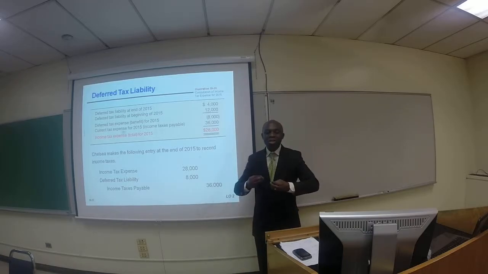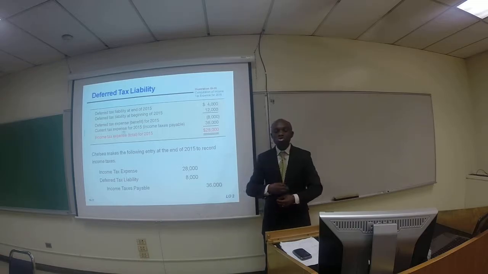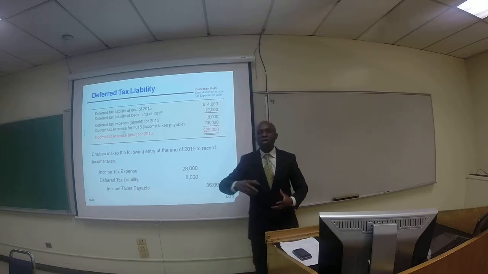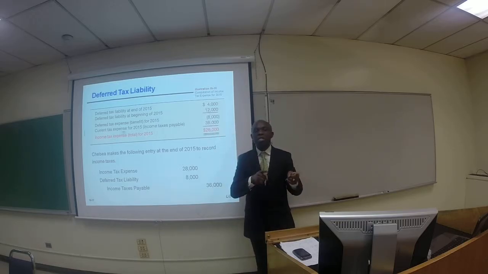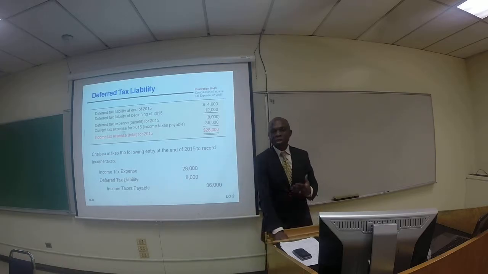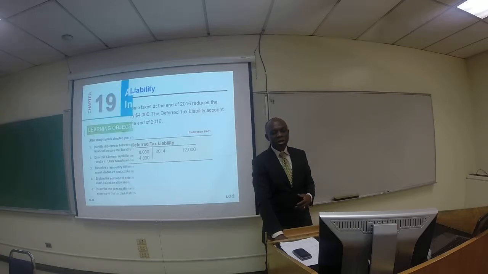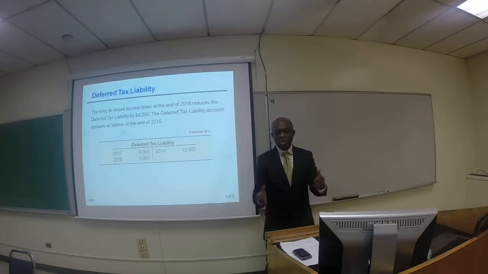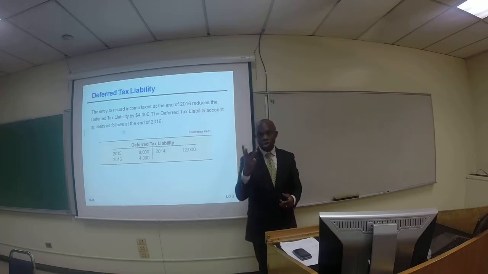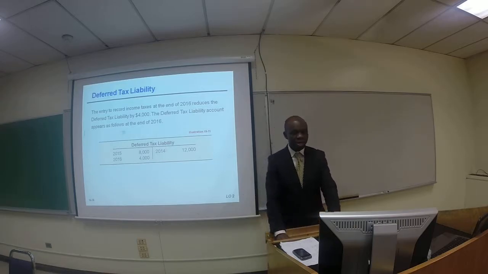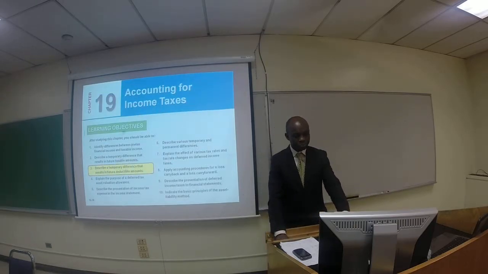So the $8,000 difference reduces the deferred tax liability. We deferred $12,000 that we are going to pay in the future. Now, in the second year, we pay $8,000 of the $12,000, so we debit deferred tax liability to reduce that liability. In the third year, we do likewise, and that $4,000 difference is gone. As you can see, the deferred tax liability in the third year becomes zero.